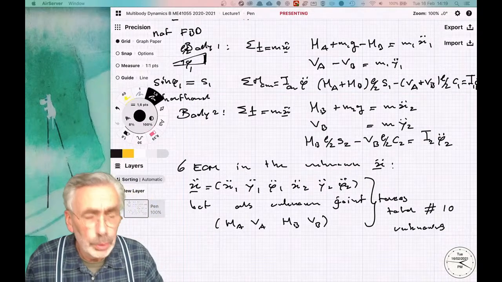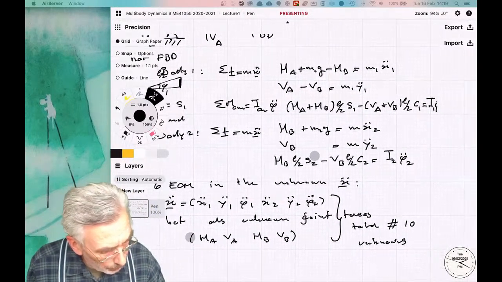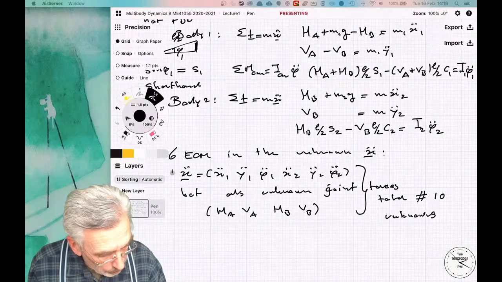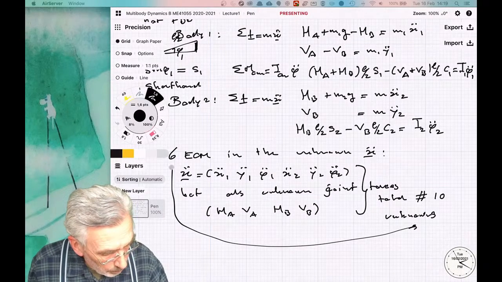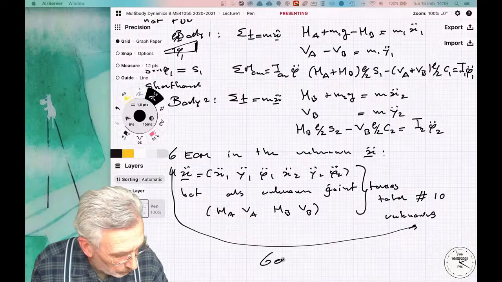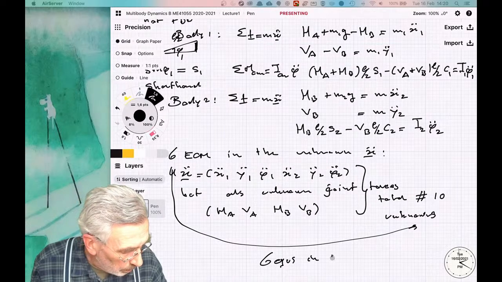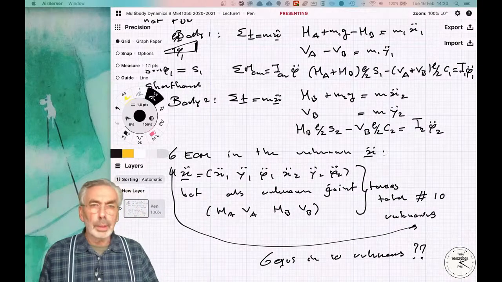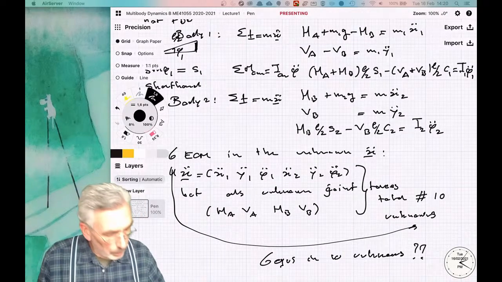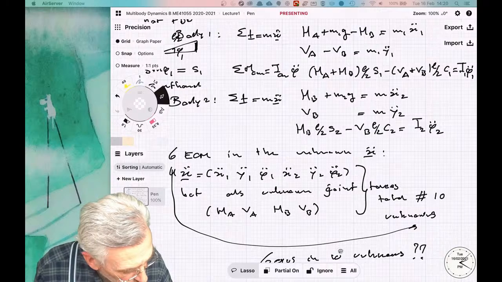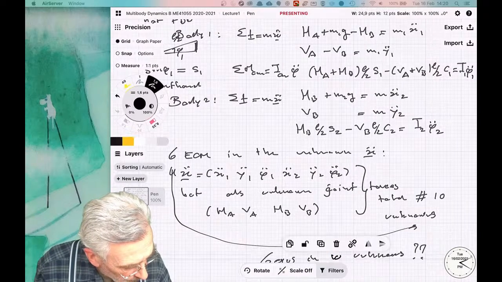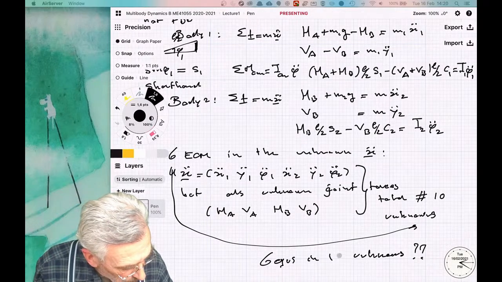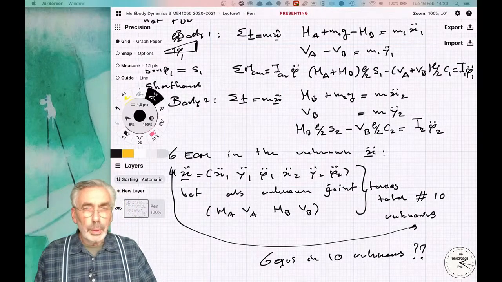And how many equations do we have? So let's do some counting. We have only 6 equations. So 6 equations in 10 unknowns.